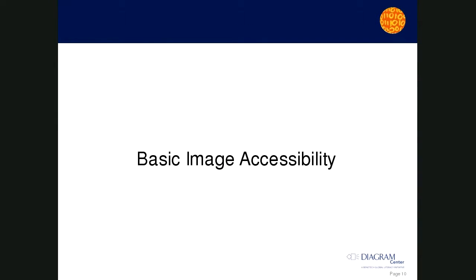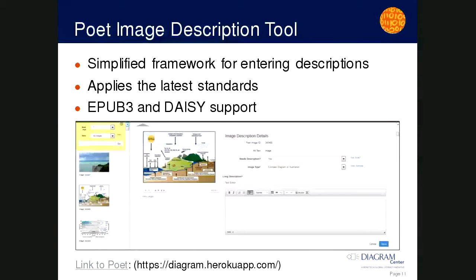So, basic image accessibility. When we started 5 years ago, we were basically, again, talking about image accessibility, and about 3 years ago, we came out with a proof of concept called Poet, and it's an image description tool that basically tries to make it simpler and easier for people to mark up books with images that require additional descriptions.